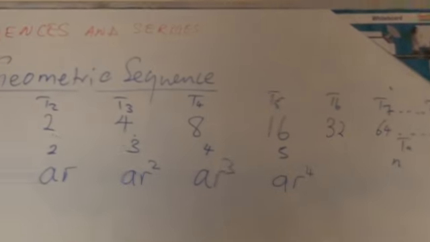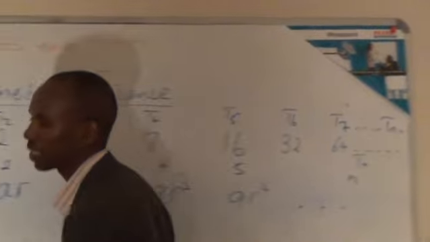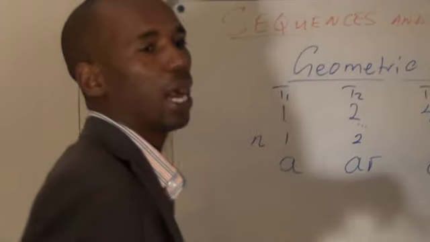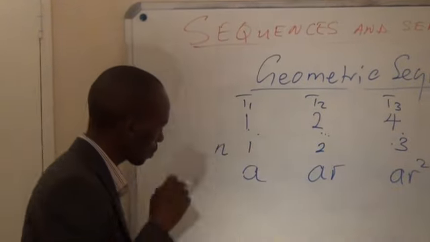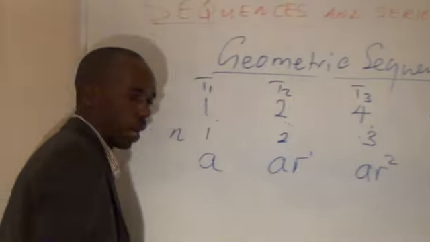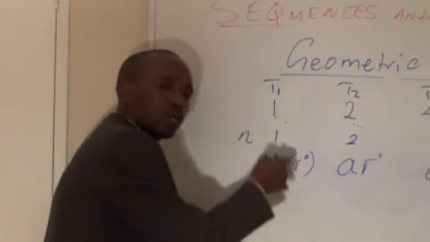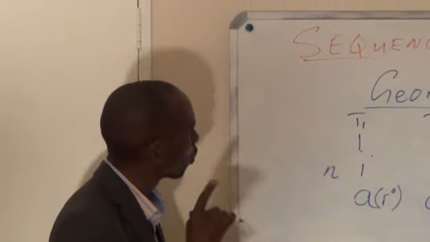Correct? Good. If that is the case, let us try to see what is happening. There's actually a relationship which I'm going to make you see now. If we try to look at everything, what is the power here of R? 1. What is the power here of r? 0, because r to the power 0 is actually equal to 1. So let's try now to look for a relationship.